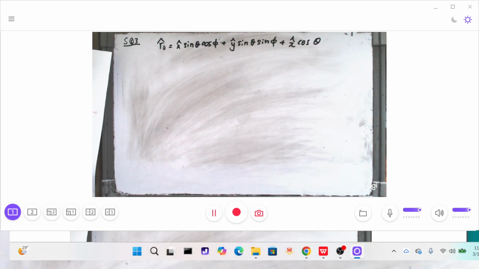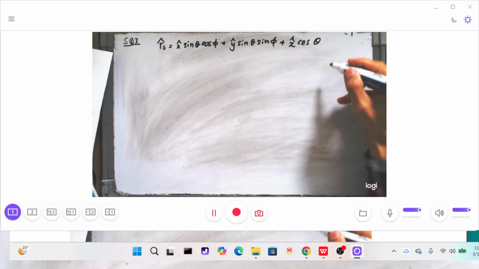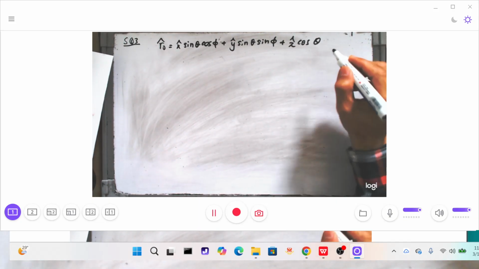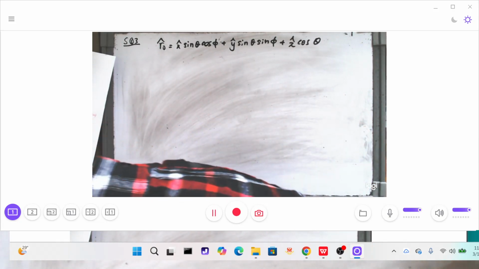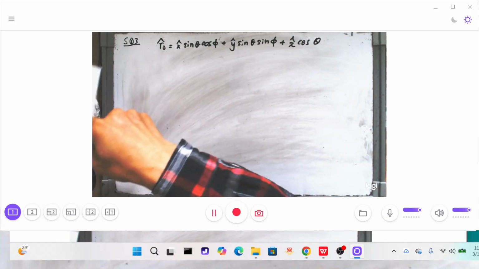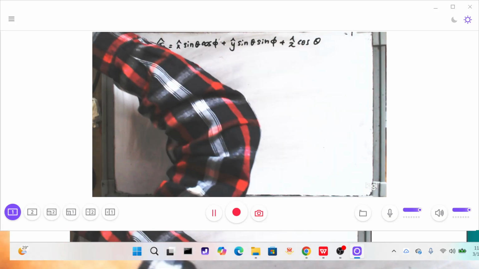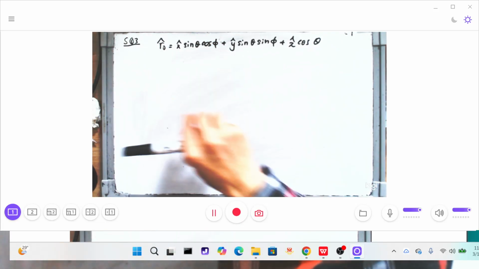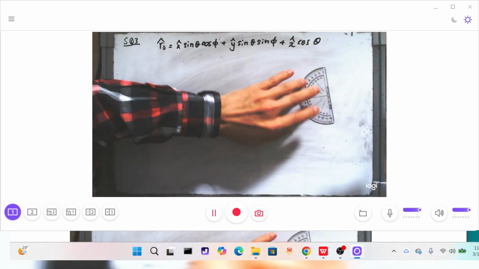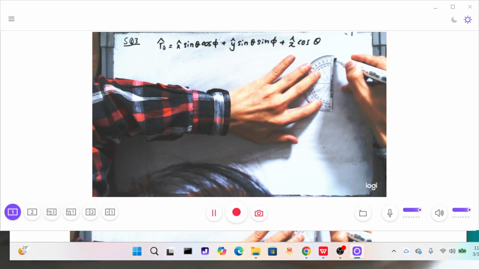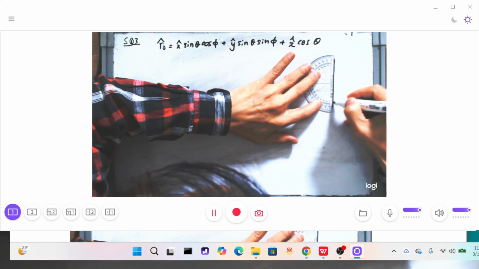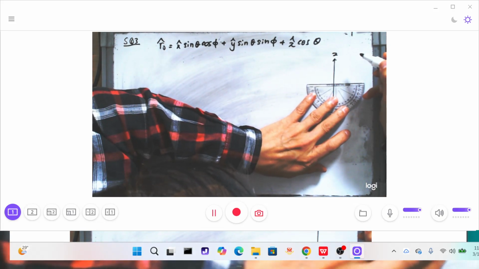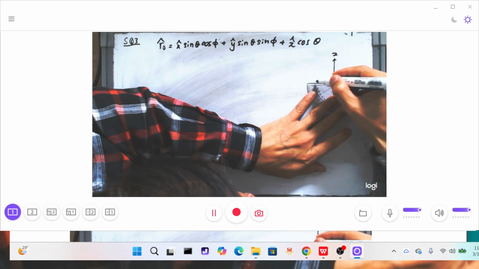Now let's draw the diagram of the array distribution. So we have a z-axis and we have a y-axis.